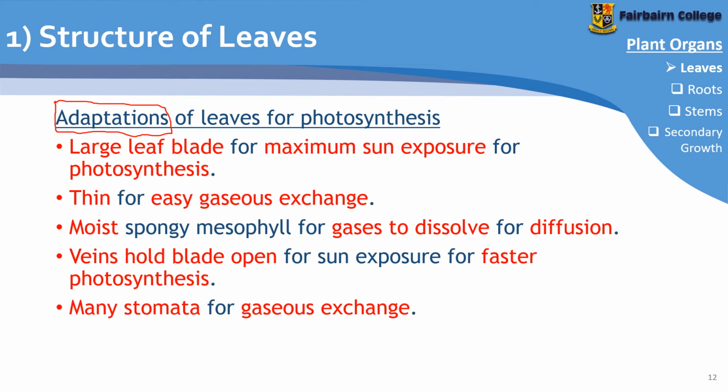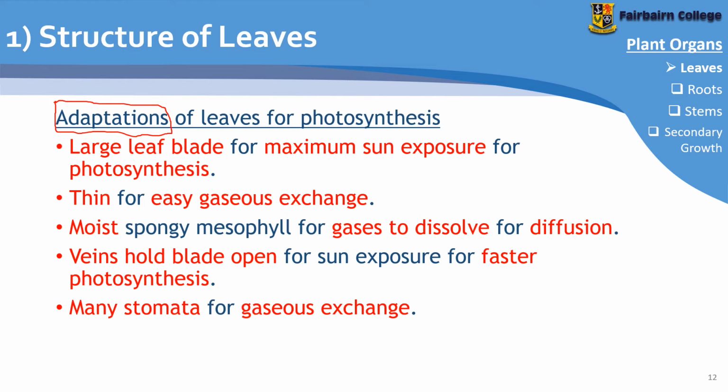So the first thing here is the large leaf blade of the leaves makes it very good at photosynthesis because it can absorb as much sun as possible. If you have a look at the structures of plants, all of the other structures are quite tube-like in their appearance. If you compare the width and the length, it's a lot longer than it is wide.